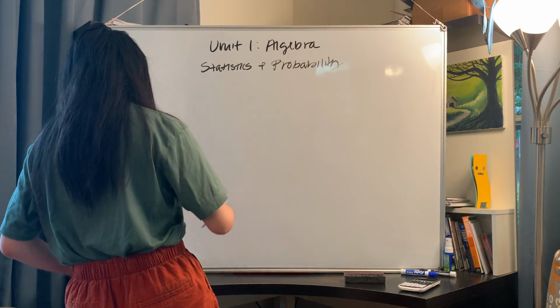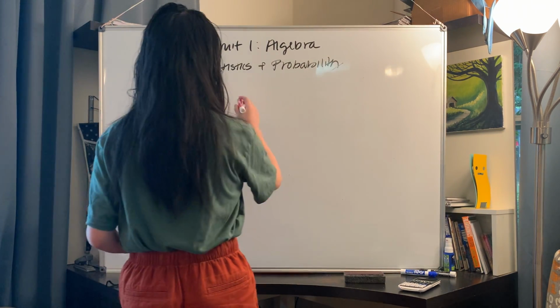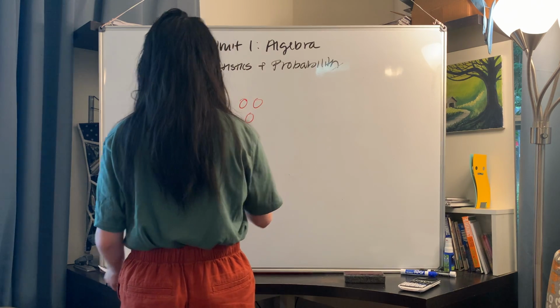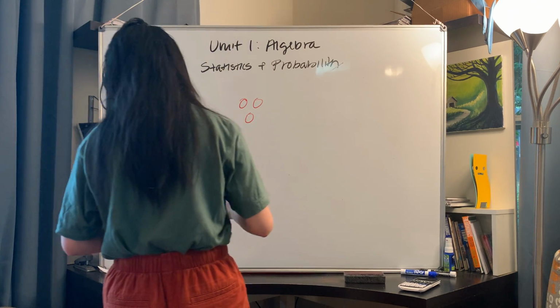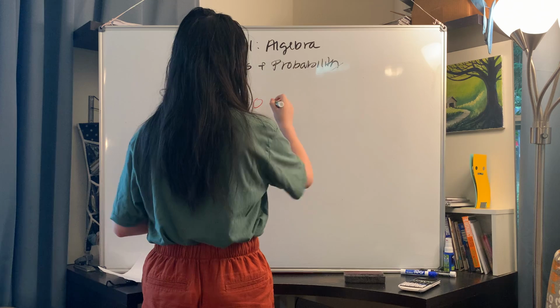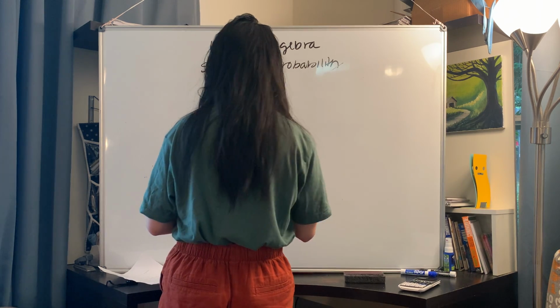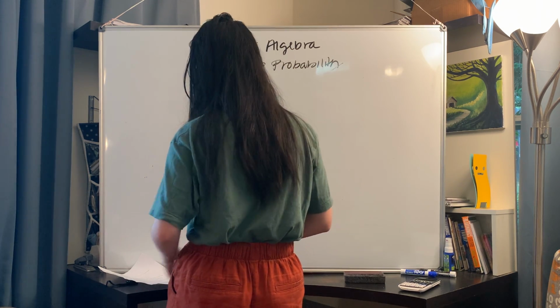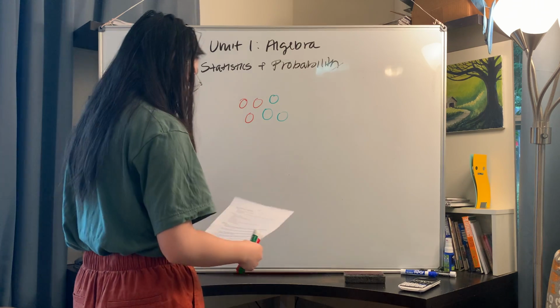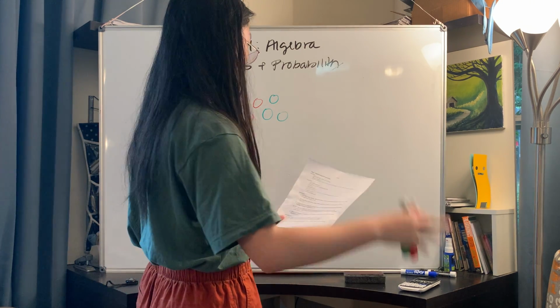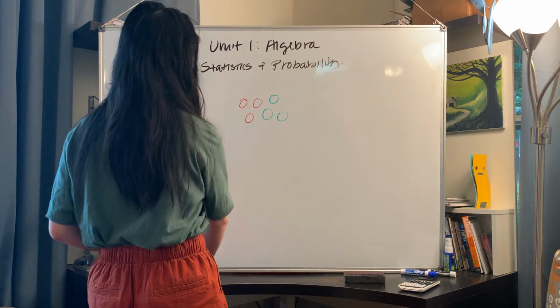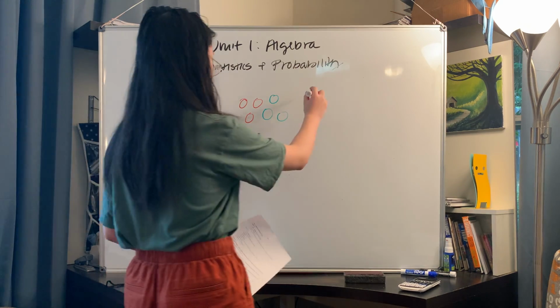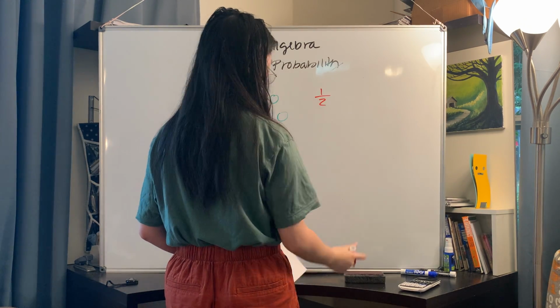So first we have our 3 red balls, 1, 2, 3. Then we have our 3 green balls. And 2 are chosen, presumably at random. We're trying to find the probability that red is chosen first and then green. Red has a 1/2 chance of being chosen first, right?